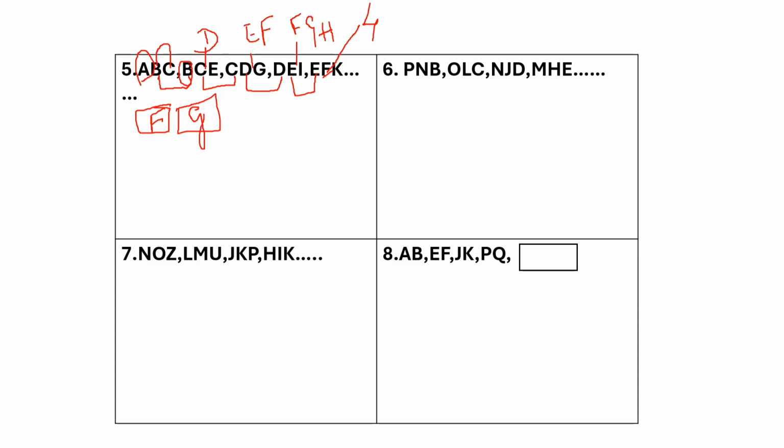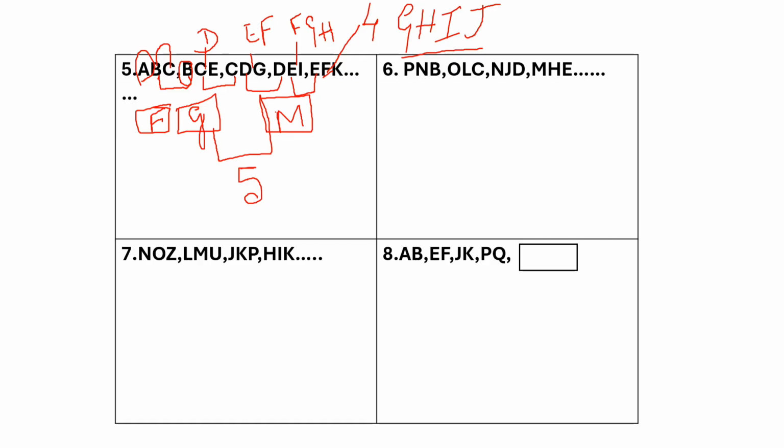F, G, H, I, J. Yes, exactly. We are getting four letters missing. So in the next term, from the second letter to the last letter, 5 letters should be deleted. That is H, I, J, K, L. Up to L we have to leave, then we write. So the next term of this series is FGM.